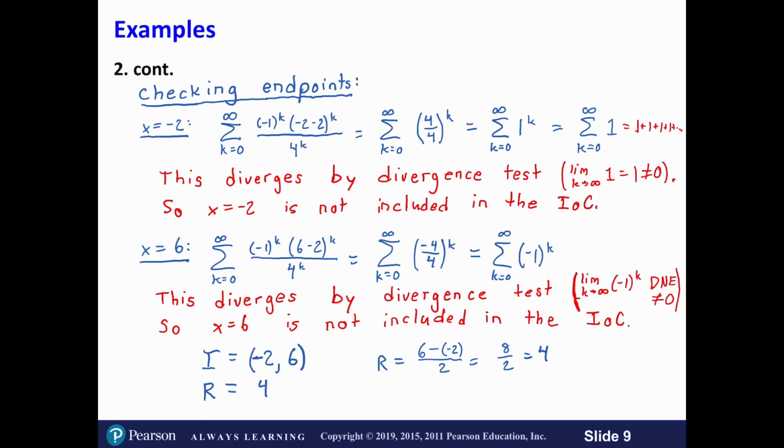It's half the distance of your interval of convergence. So that's an alternative way of thinking about it. IOC, of course, is just interval of convergence.